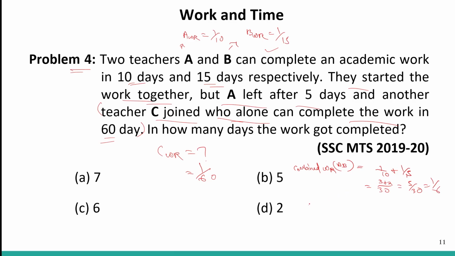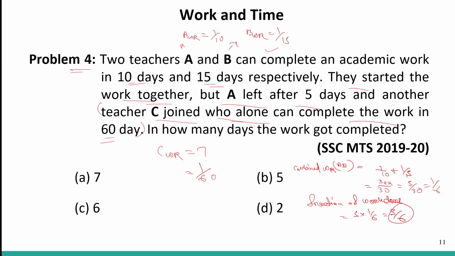In 5 days, the fraction of work done is 5 into 1 by 6, that is equal to 5 by 6. So we have completed 5/6th of the work, and all we are left with is the 1 by 6th part. That's where C joins the team.